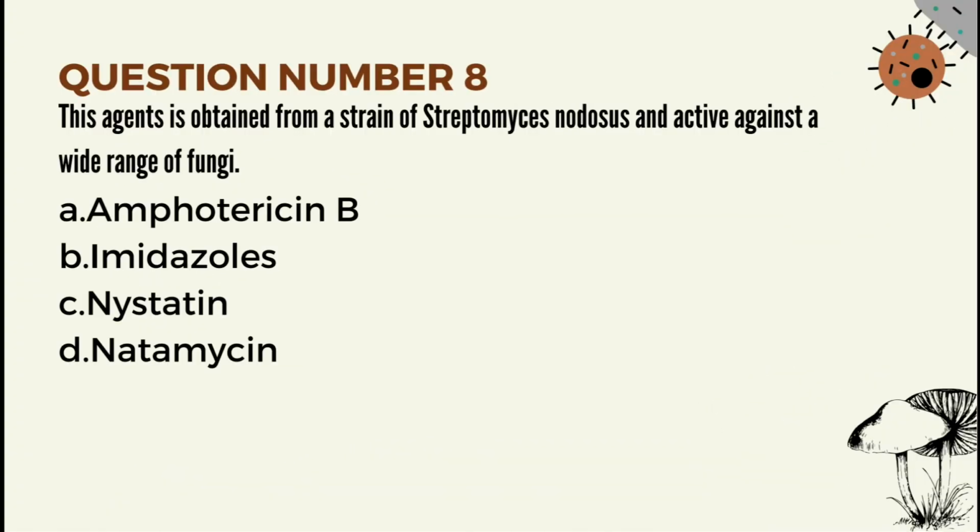Question number 8. This agent is obtained from a strain of Streptomyces nodosus and is active against a wide range of fungi. A. Amphotericin B. B. Imidazoles. C. Nystatin. Or D. Natamycin.